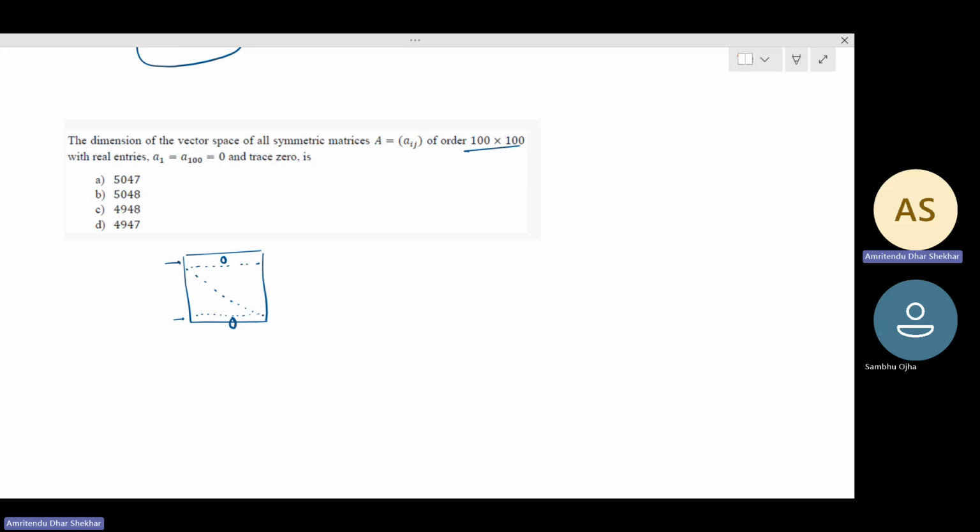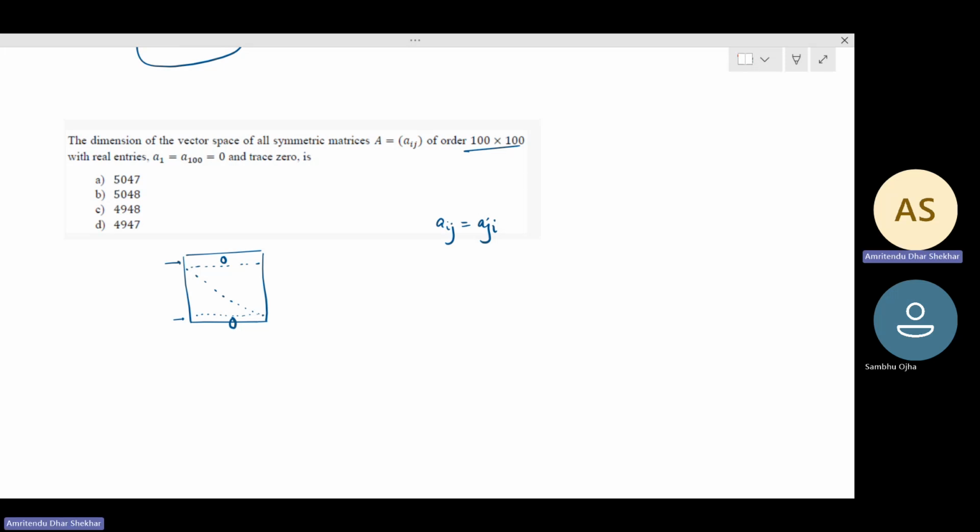If you just look at the set of all symmetric matrices, symmetric means that Aij is equal to Aji. The space of all 100 cross 100 matrices will have a dimension of 100 cross 100.